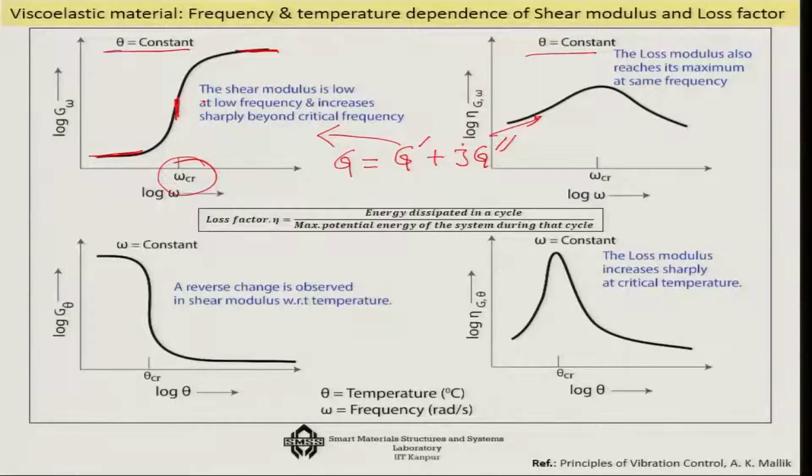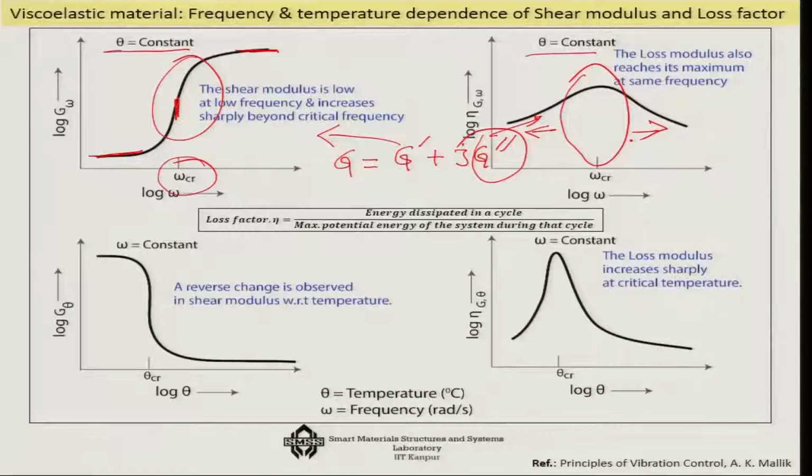So, around this region of omega critical, you will see that the loss modulus, that is G double prime, would increase sharply. But before this and after this, that means if the excitation frequency is much lower than omega critical or much higher than omega critical, then at a constant temperature you would see that the loss modulus is not very high.